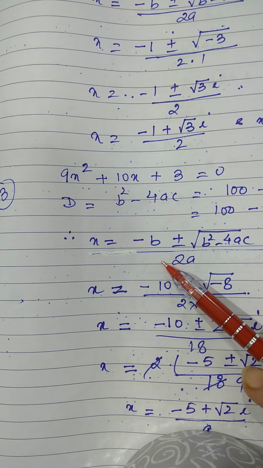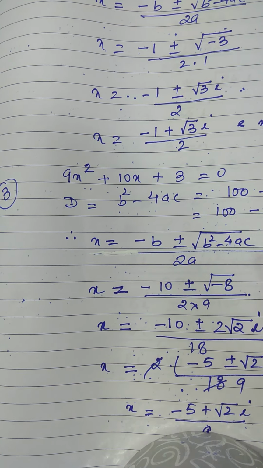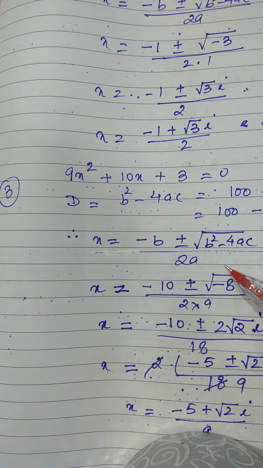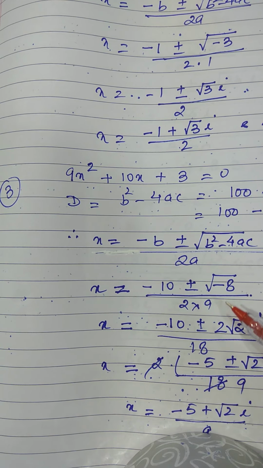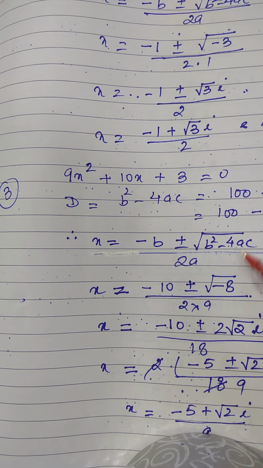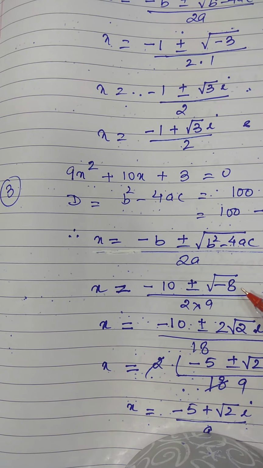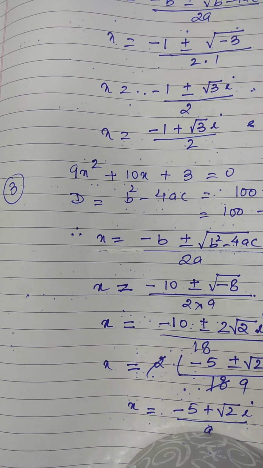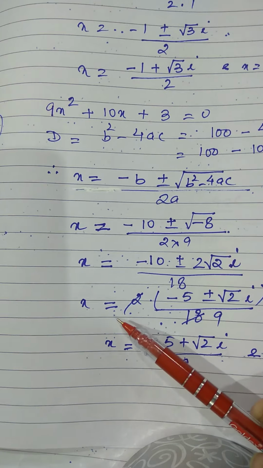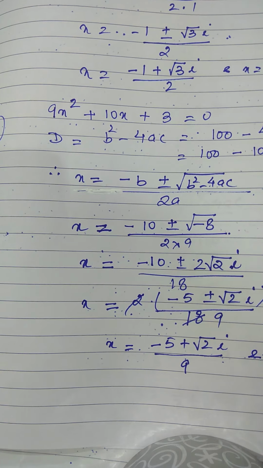x is minus b plus minus root b square minus 4ac upon 2a. So x is minus 10 plus minus root minus 8 upon 2 into 9. Root minus 8 is 2 root 2 iota. So x is minus 10 plus minus 2 root 2 iota.